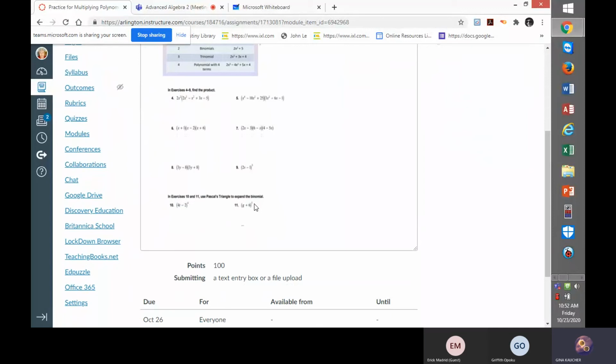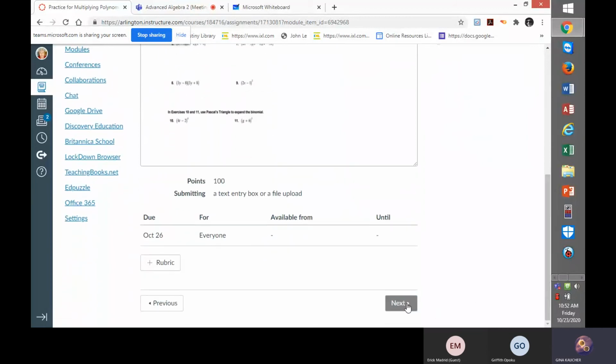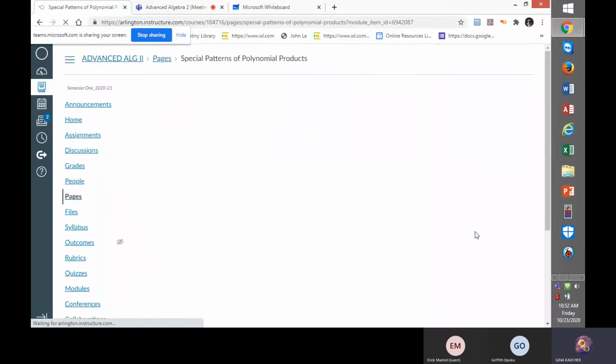Use the pattern and see what you get. Obviously, you're not going to want to do t plus 6 to the 5th by writing it out 5 times. I mean, you can check it if you want. I think it'd be better to just check with somebody else and see if they have the same thing. Be easier.